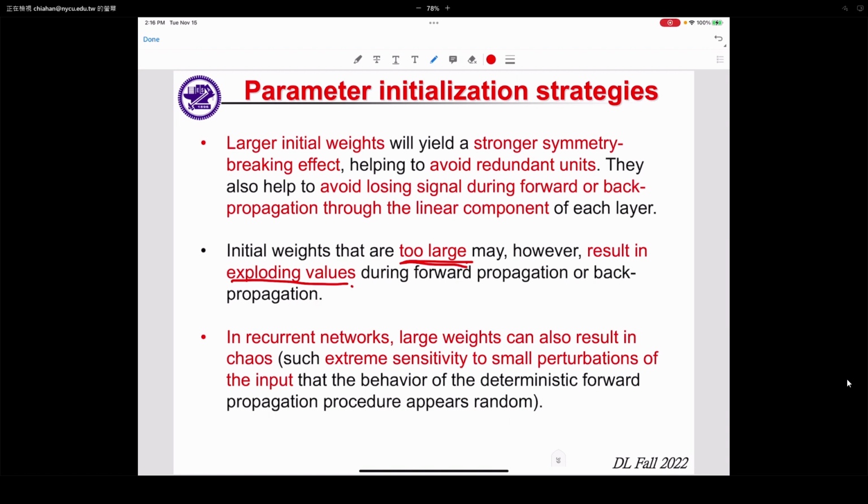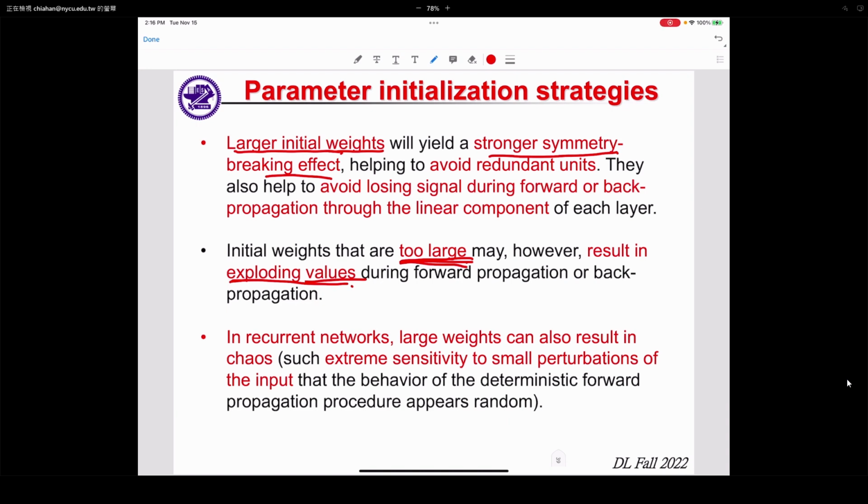Yeah, so that's the idea that people keep coming back to. If the weights are too large, you may easily saturate your nonlinear functions. Of course, if you have large initial weights, you get a better symmetry breaking effect, and the units have much better difference.